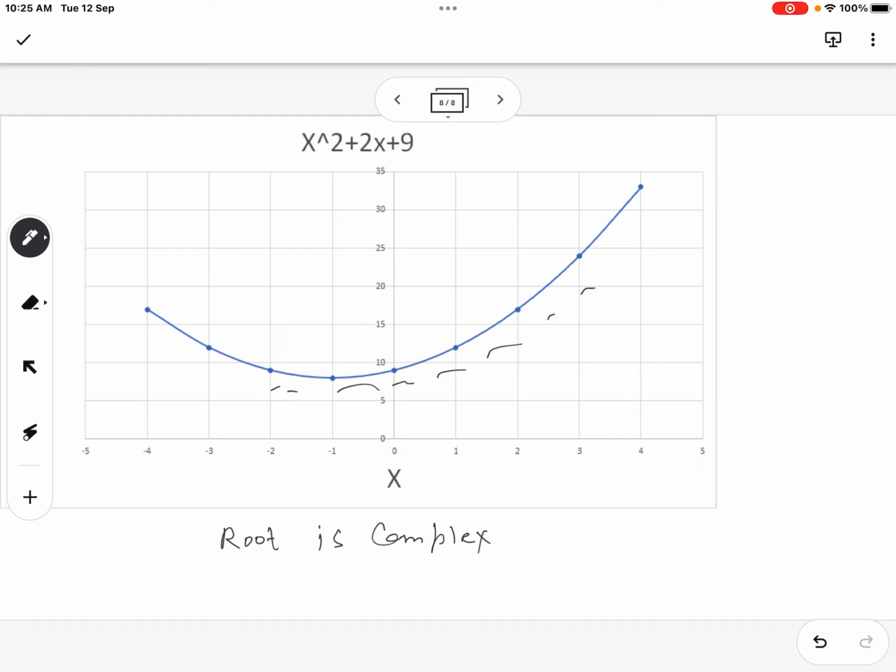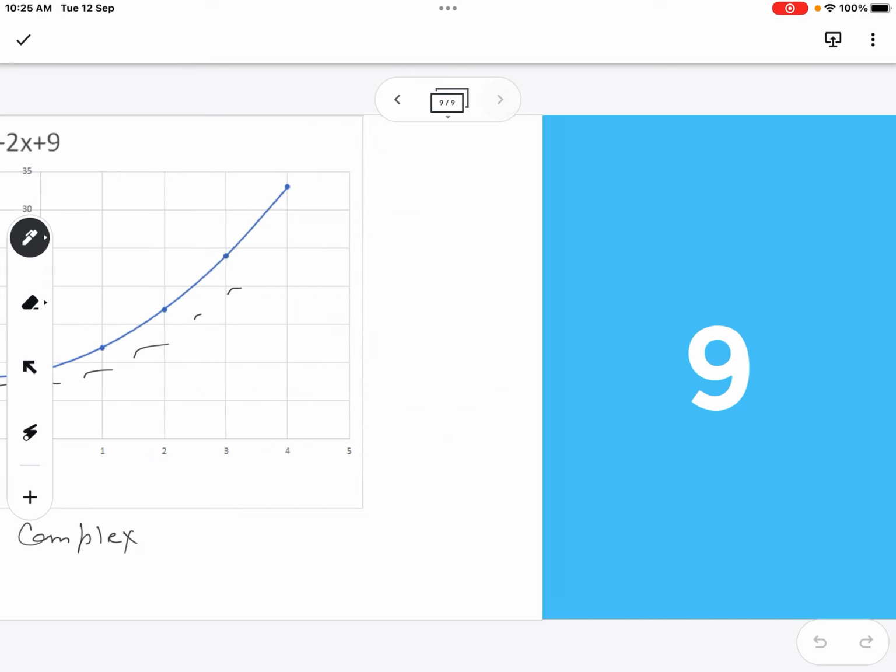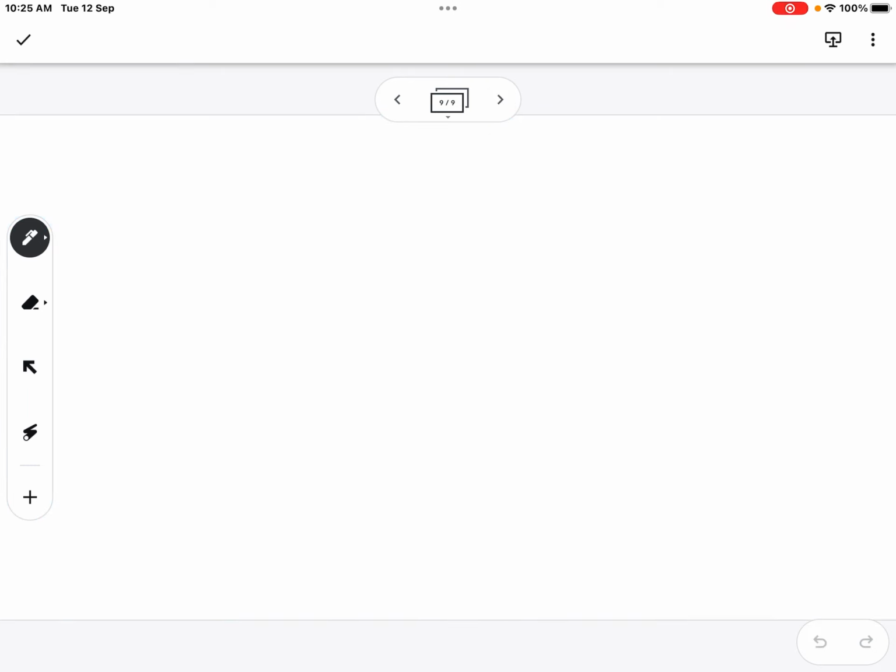So in order to solve this problem, let me write down f at x is x square plus 2x plus 9, and for finding the complex roots we have to start with a complex initial approximation.